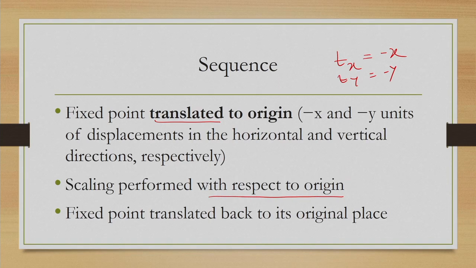Our scaling matrix is defined with respect to origin. So, we first brought, in a conceptual way, the fixed point to origin, then performed scaling, and then the fixed point is translated back to its original place. Now, T x becomes x and T y becomes y. Reverse translation.